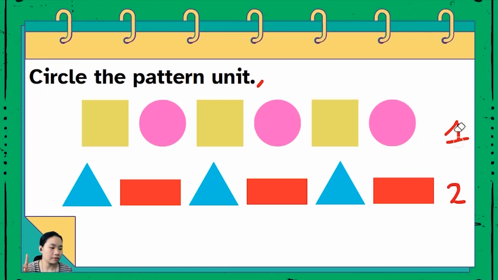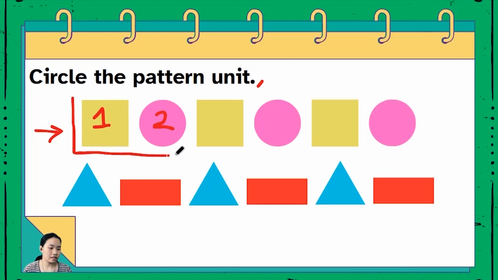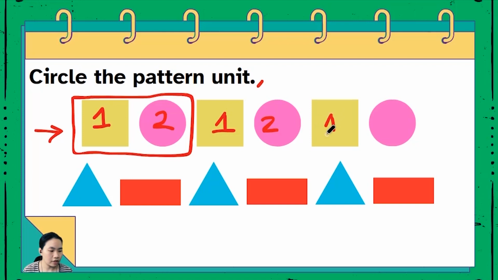2 types of shapes. Now, before I tell you what the answer is, can you tell me what is the pattern unit for this pattern? It is square and then circle, okay? So this is the pattern unit. 1, 2, square, circle.